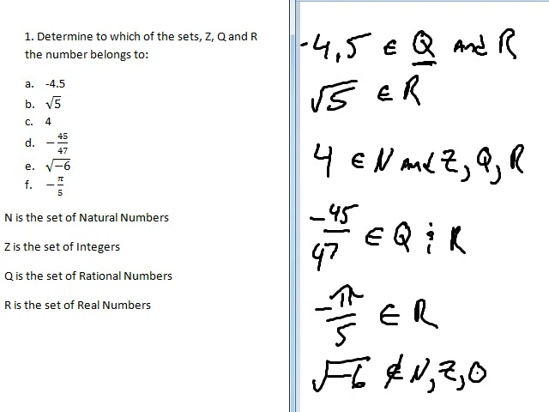It's definitely not a rational number. And because we're taking the square root of a negative, it's not a real number either. So it doesn't belong to any of the sets. It actually belongs to a different set of numbers called imaginary numbers, but I really don't want to get into the whole imaginary number thing because it's well beyond the scope of what we're doing.